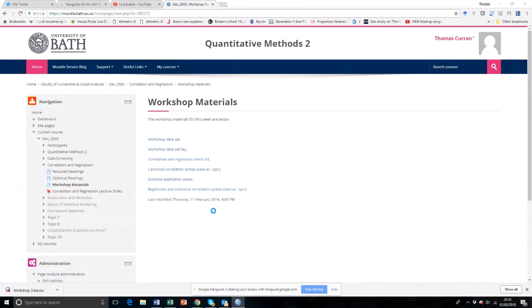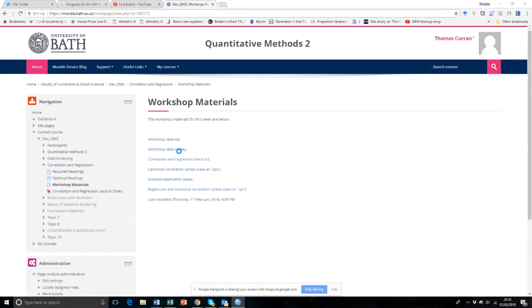While this loads, I'll let you know that there are a couple of things in these materials that I'd like you to use and print off if you can. If you're keeping a portfolio, print them off for that. The first is the dataset key.